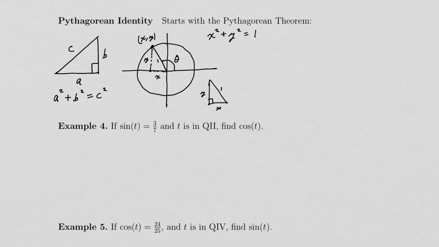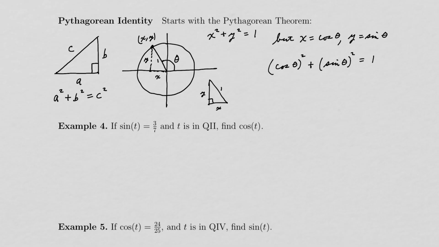But with a unit circle, we just defined x to be equal to cosine of theta, and y is equal to sine of theta. So I really have cosine of theta squared, that's my x squared, plus sine of theta squared is equal to 1.